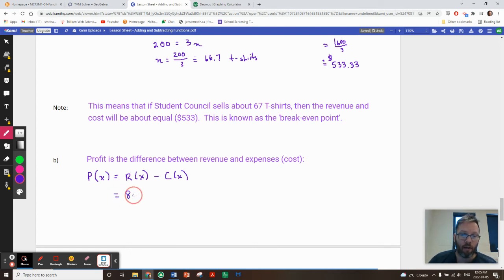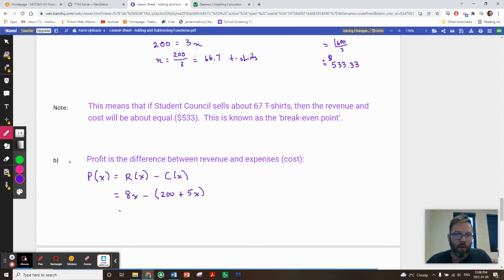Revenue function is 8x. The cost function was, I'll put the 200 first, 200 plus 5x. 8x minus 5x, 3x, and then minus 200. Now this profit function makes a lot of, I'm using x. I should be using n, please forgive me.